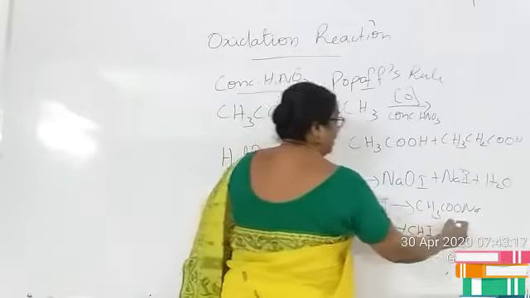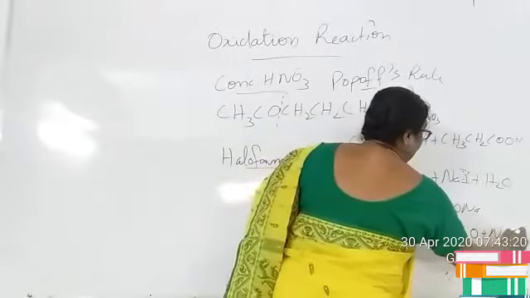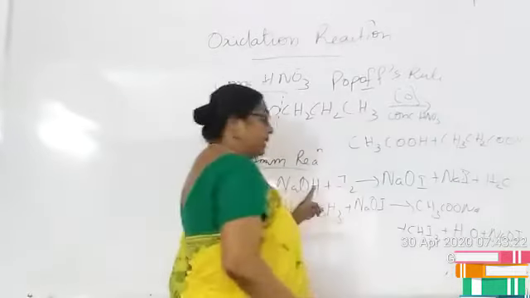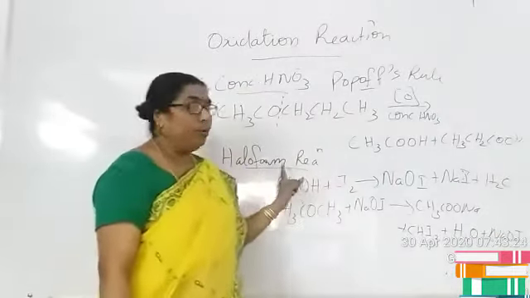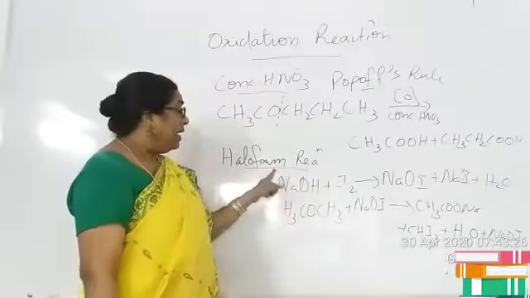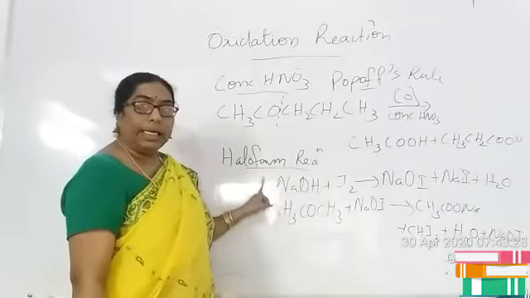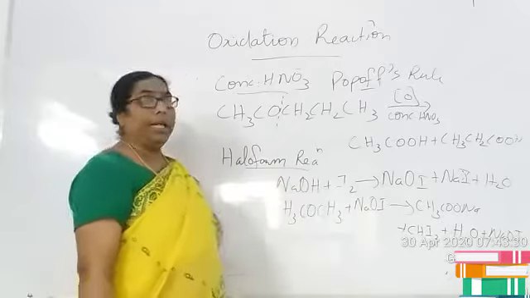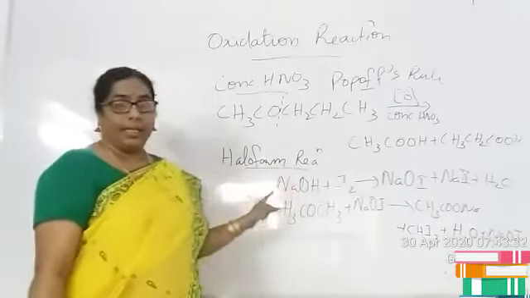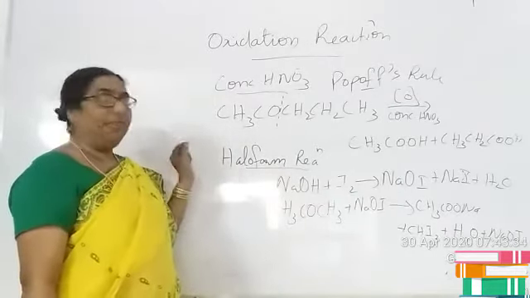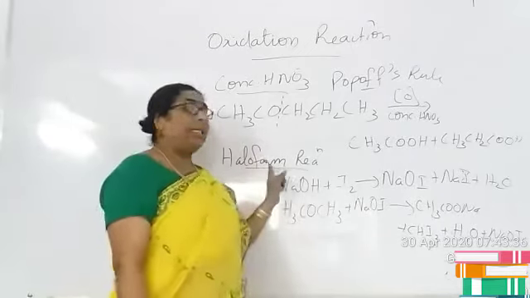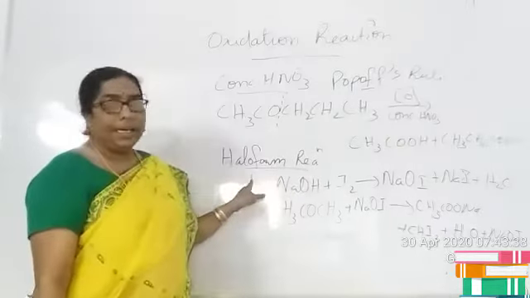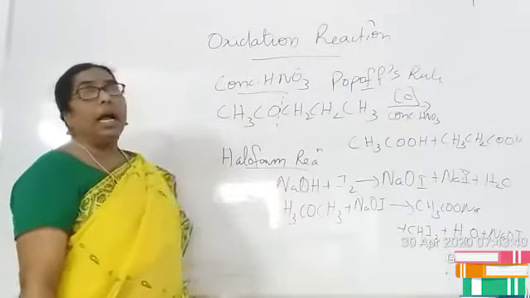Clear, children? This test is applicable only for those ketones which have a methyl group. This particular test is termed as the haloform reaction. So the compounds which have a methyl keto group are able to give this test. It is otherwise termed as the iodoform test.